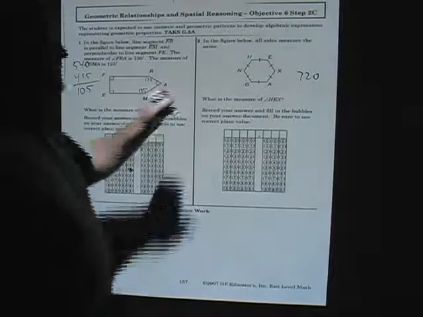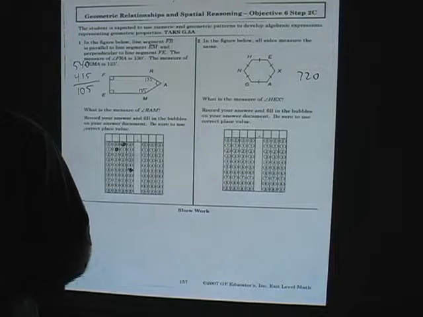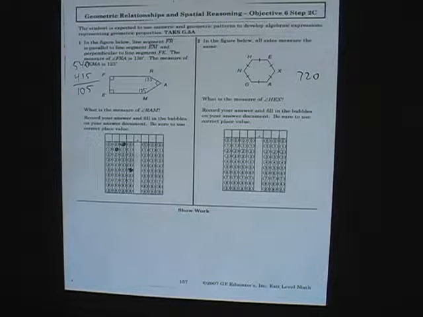Whenever you have something like this where all the sides are congruent, then all the angles are also going to be congruent. This is called a regular hexagon. Any shape where all the sides are congruent is called regular.